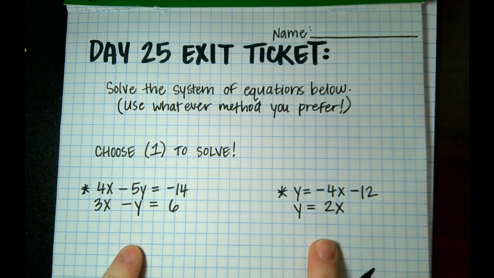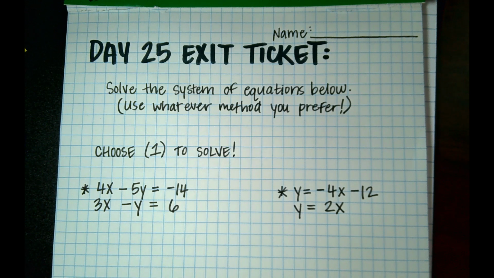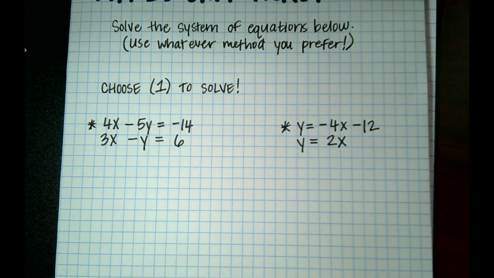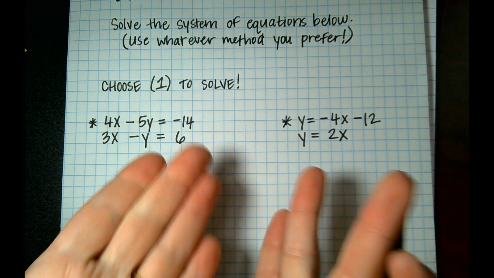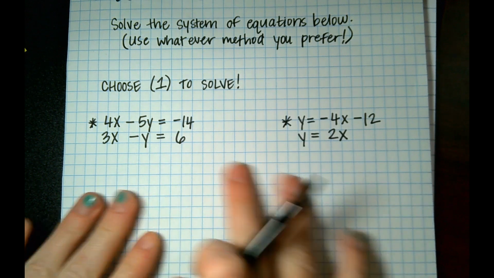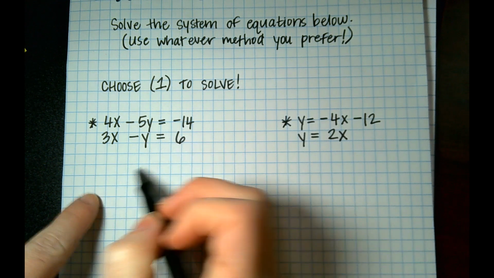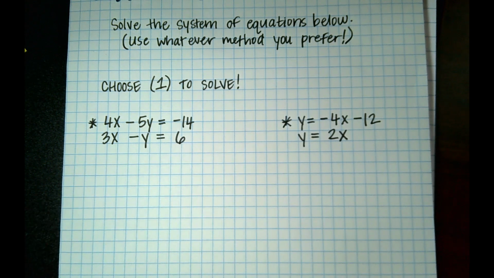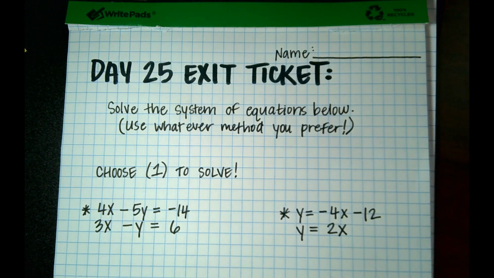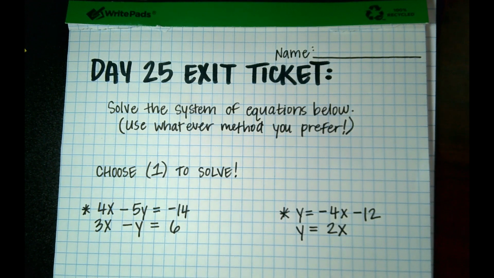You only need to solve one of the systems. You get to choose which one you want to do. You can choose any of the 3 methods to solve. If you want to graph, you can use the grid that's on this paper. If you decide to do substitution or elimination, you obviously won't need a graph. You can just use this as lines on your paper. So that being said, I'm going to go ahead and run some copies of this and bring it back. And when you finish, that is it today.